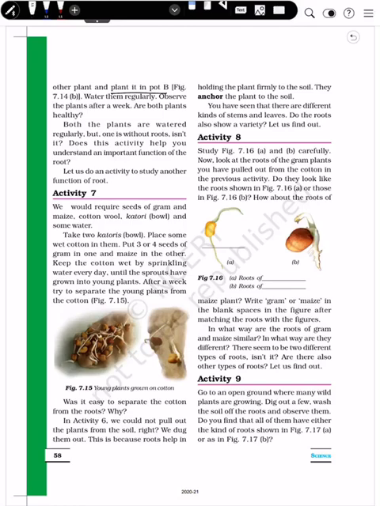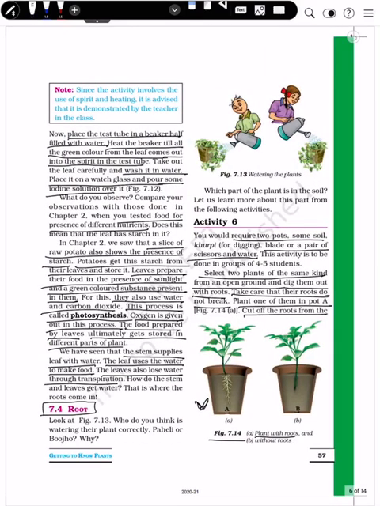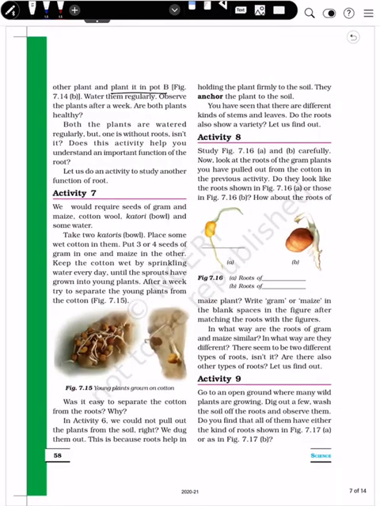You are able to see in figure 7.14b that the plant is put in the pot without roots.